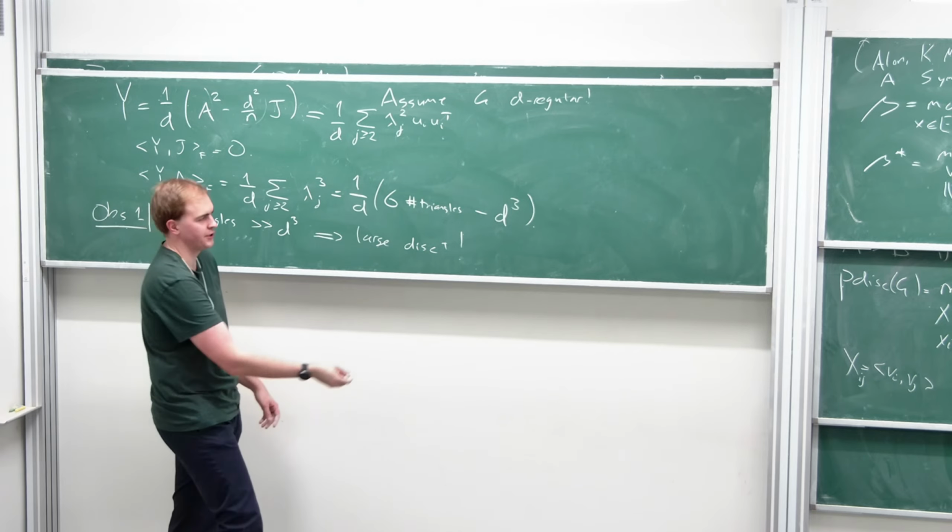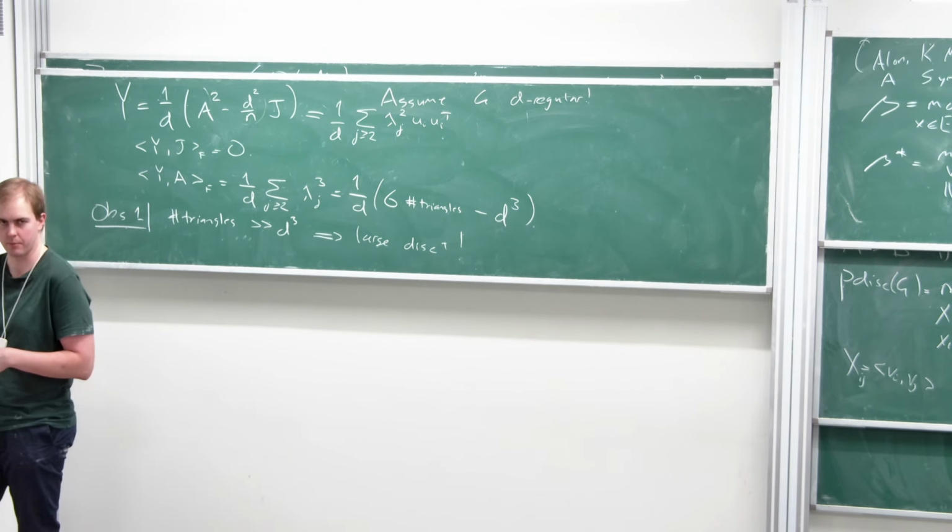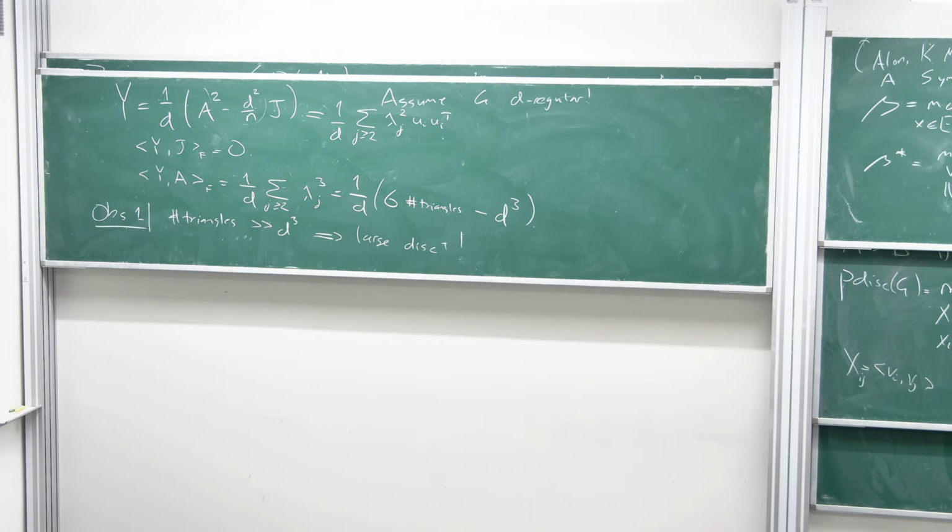And note that this d cubed is just the number of triangles one would expect to see in a random graph. So this relates the triangle count and the discrepancy problem as well.